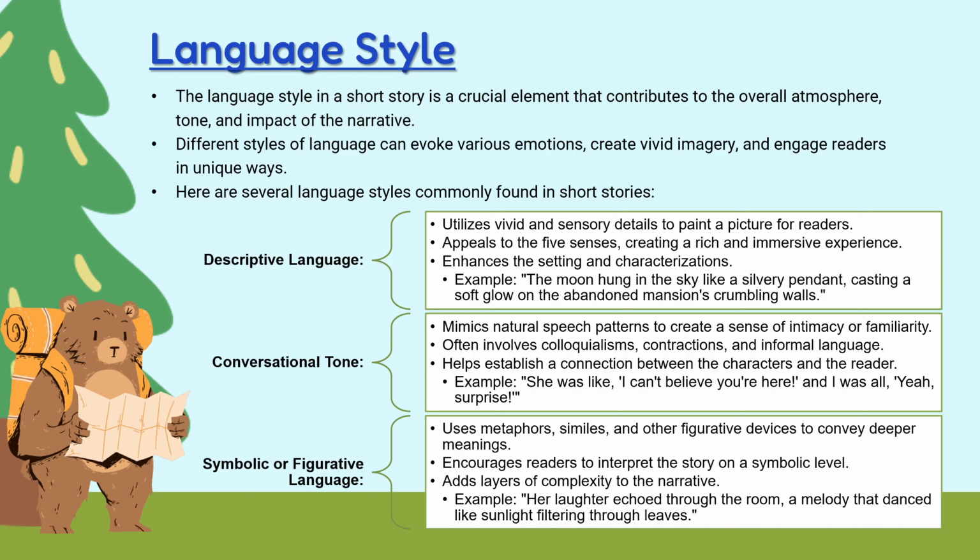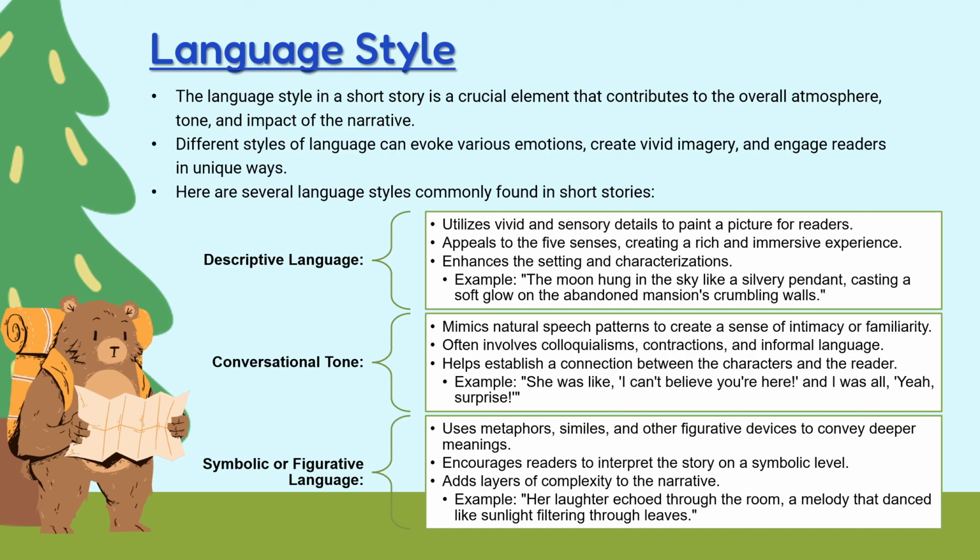And then language style number three, symbolic or figurative language. It uses metaphors, similes, and other figurative devices to convey deep meanings. So they use that kind of deeper language, for example, a metaphor: as red as blood, crimson blood, or something like that. Or other figurative language devices, so you can try to look at all those.